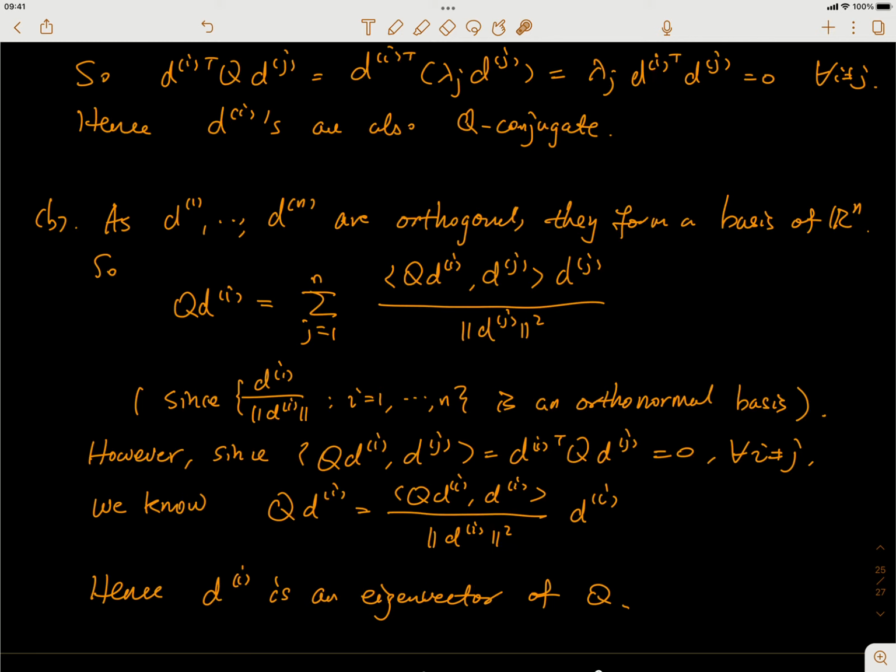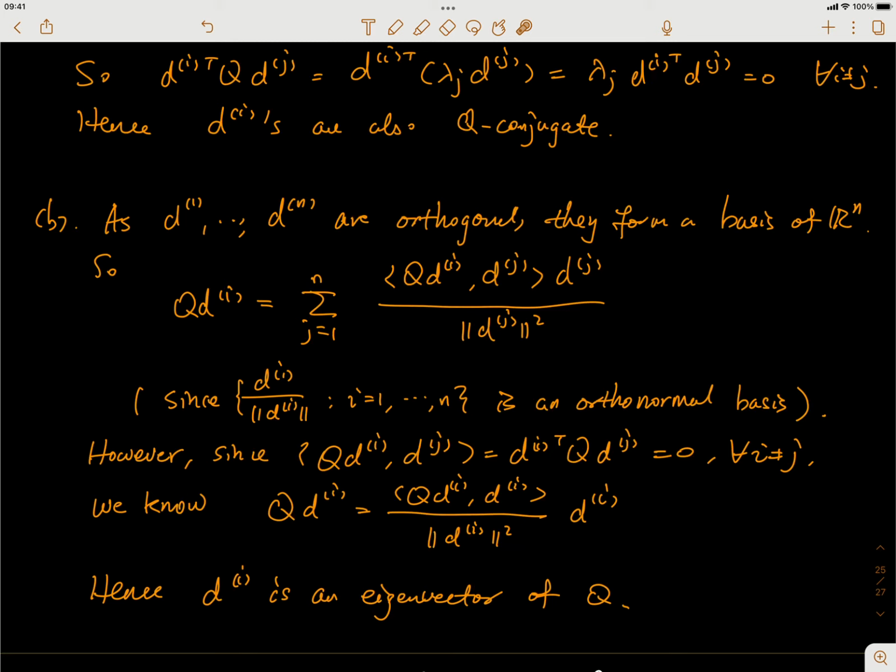On the other hand, when I multiply dj into the right-hand side, only one term is left, since the coefficients are just scalars.